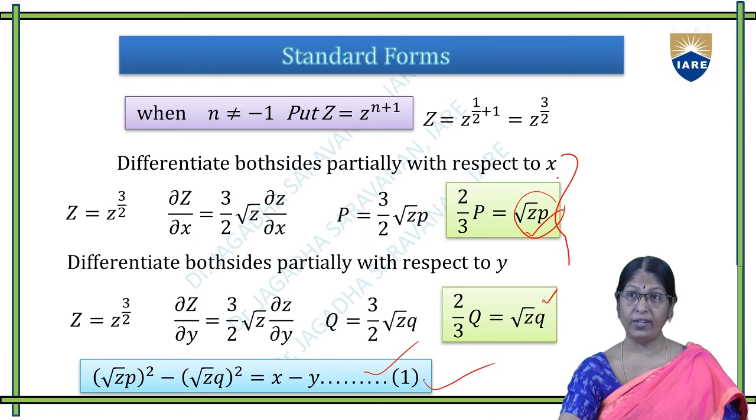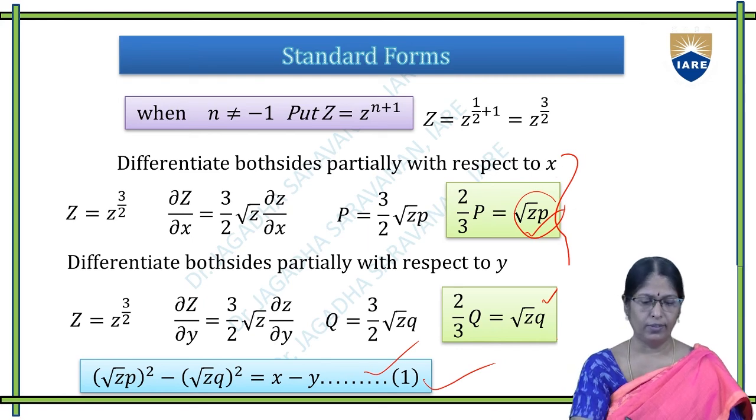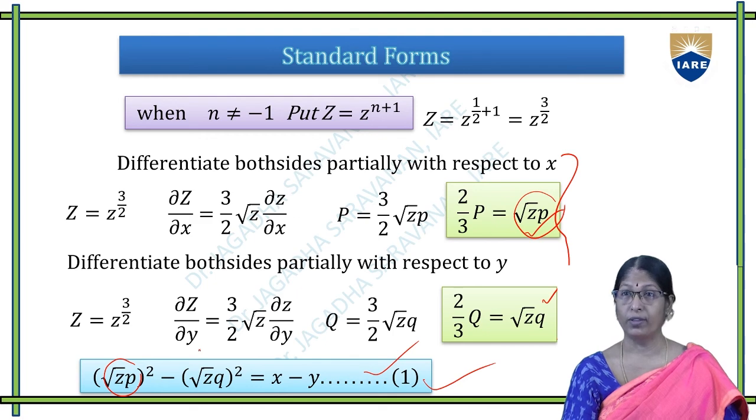The background idea is that we are going to replace it by some value. The reason is we are going to reduce standard form 6 into standard form 3. Standard form 3 means it should have p, q, x, y. Z should be removed.